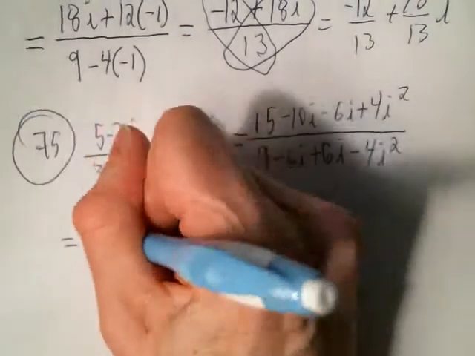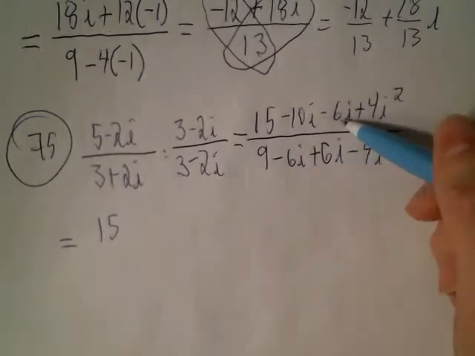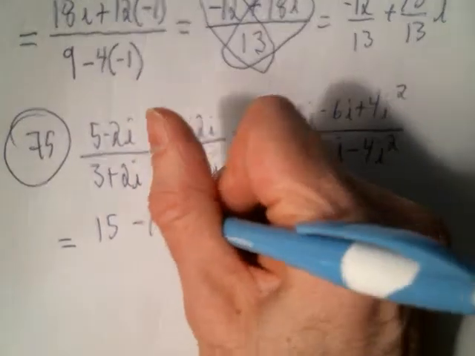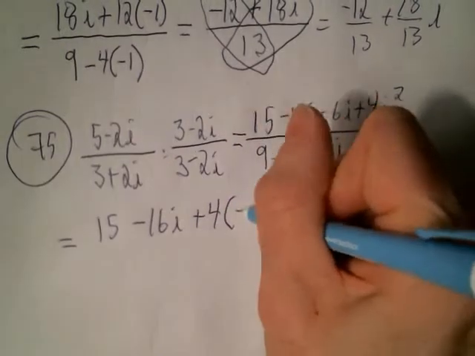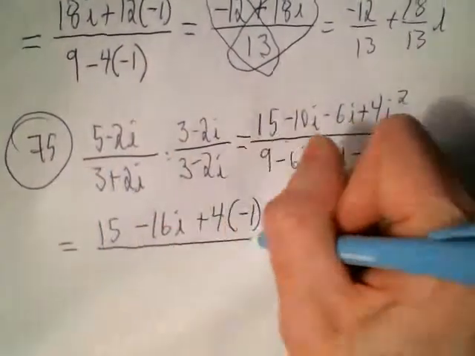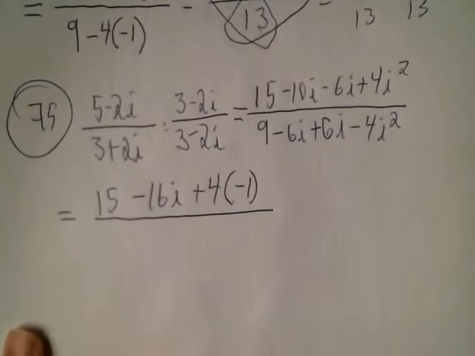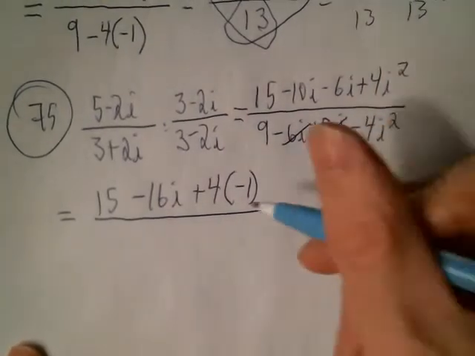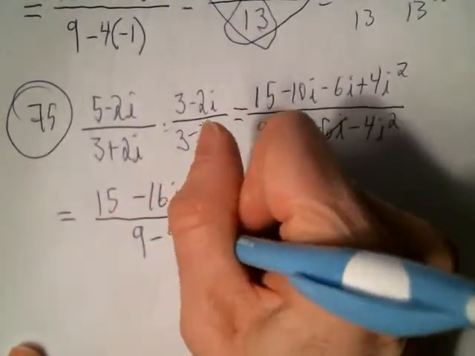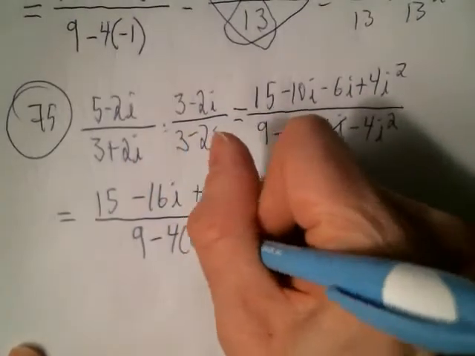Combine like terms, so I have 15, negative 10 plus negative 6, negative 16i's, and then plus 4, and replace the i squareds with negative 1. Down below, the 6i's will cancel, and you have 9 minus 4i squared, which is negative 1 again.